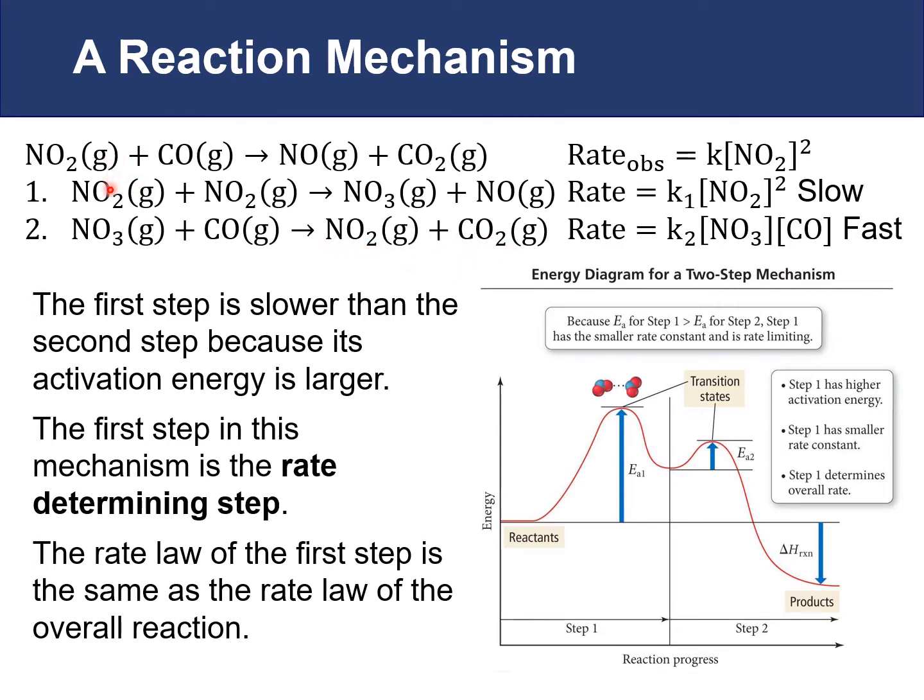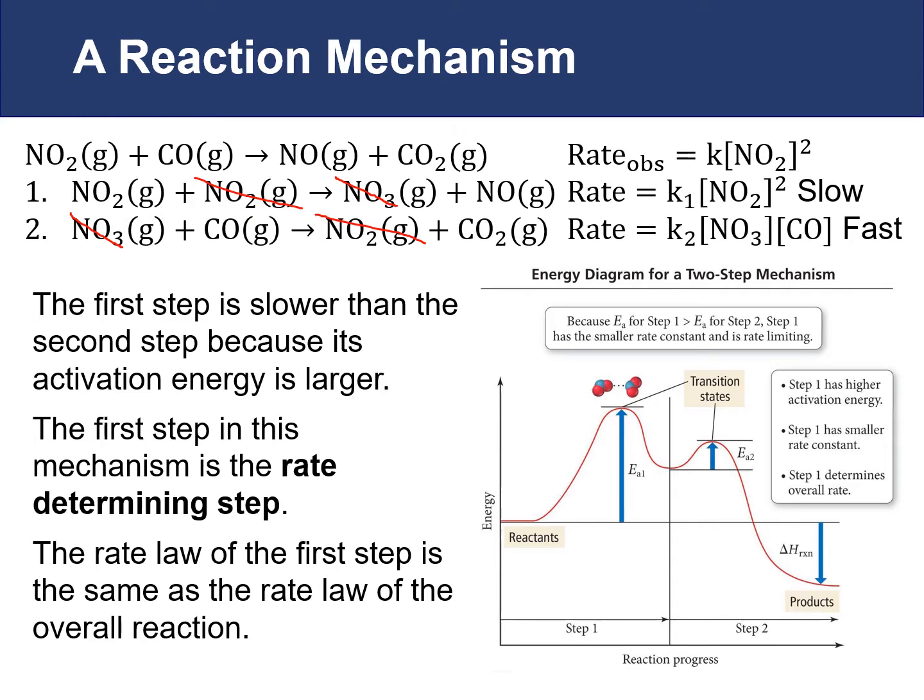If you add the two elementary reactions together, you will see that you sum up to get your overall reaction, which is important for your mechanisms. The NO3 here will cancel out with the other NO3. You have an extra NO2 that acts as a catalyst. And so when you add the two elementary reactions together, you end up with your overall reaction.